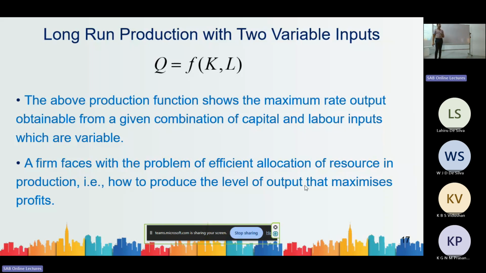So long run is where all inputs become variable inputs. Only for simplicity, we assume that our production function is this. Output depends on labor and capital.